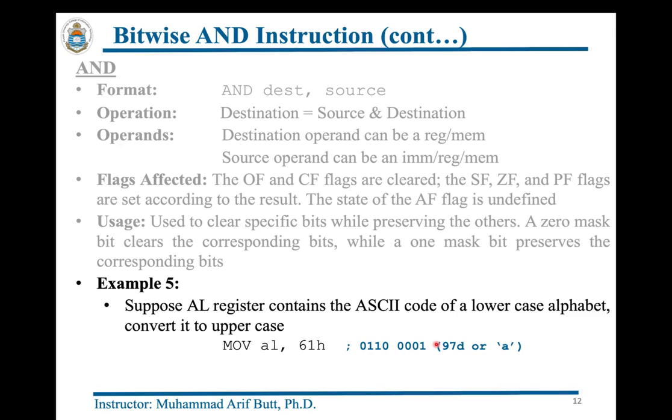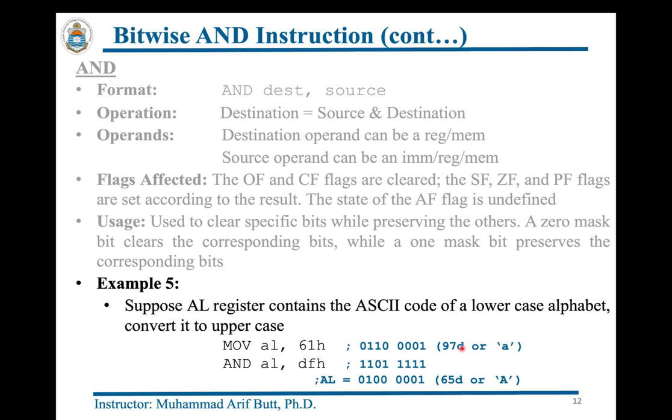And we also know that the ASCII of uppercase A is 65 decimal. Can you think of a mask with which we can AND and convert this ASCII to 65?